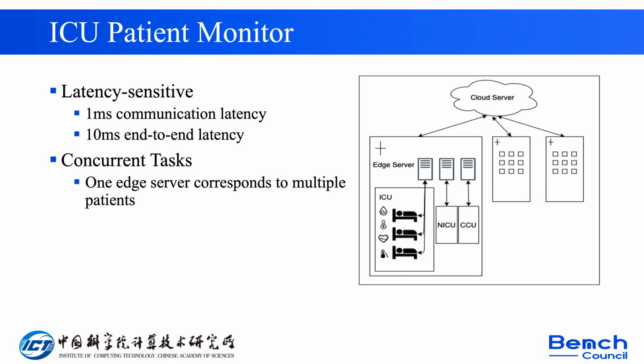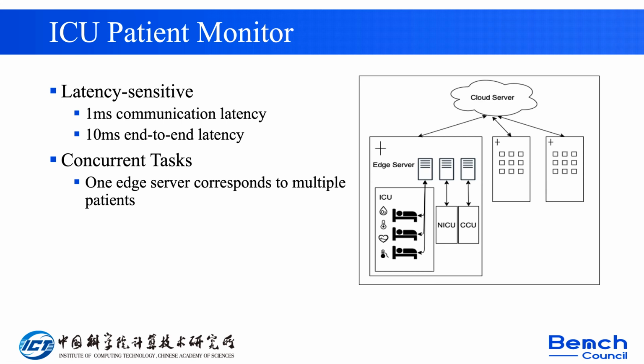As the wireless network latency can reach 1 millisecond, the end-to-end latency can reach 10 milliseconds in this scenario. In the ICU patient monitor scenario, one edge server corresponds to multiple patients.